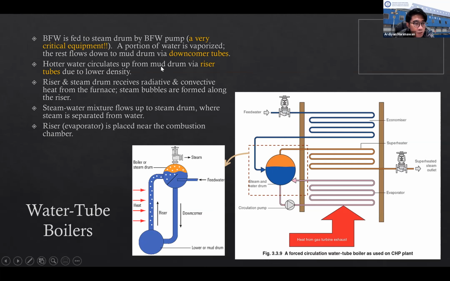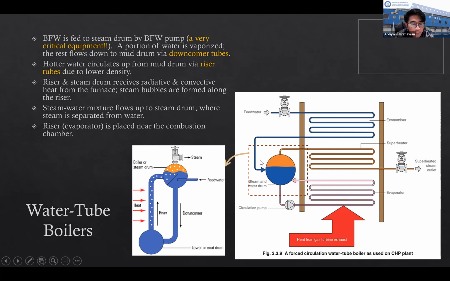Then hotter water will circulate up from the mud drum via the riser due to the lower density. The riser and the steam drum will receive radiative and also convective heat from the furnace. Steam bubbles are formed along the riser, and the steam-water mixture will flow up to the steam drum where the steam is separated from the water.